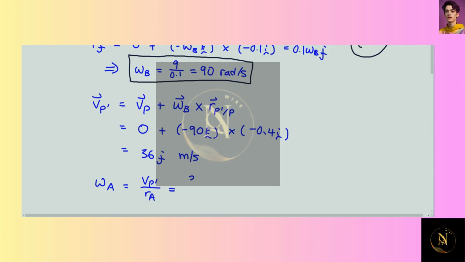This is equal to 36 divided by 0.2 meters, and we get 180 radians per second, counterclockwise.